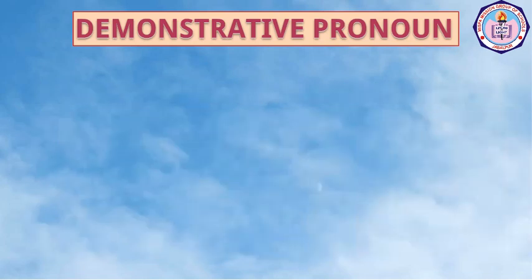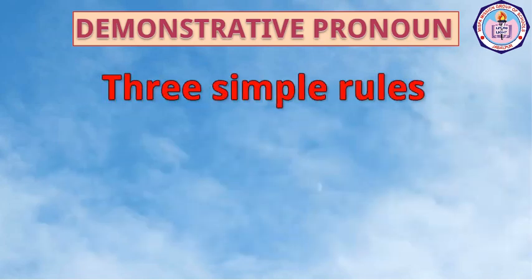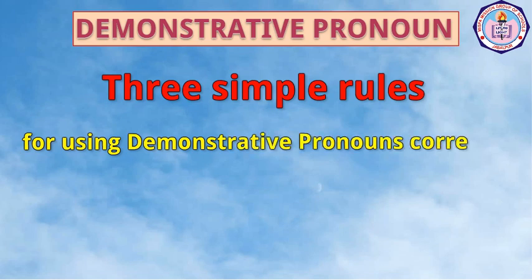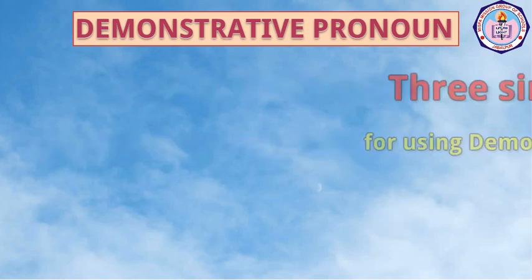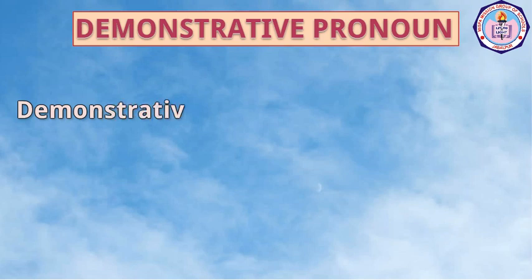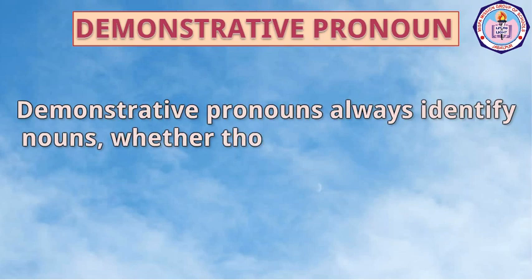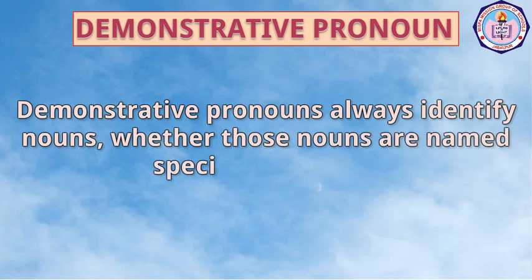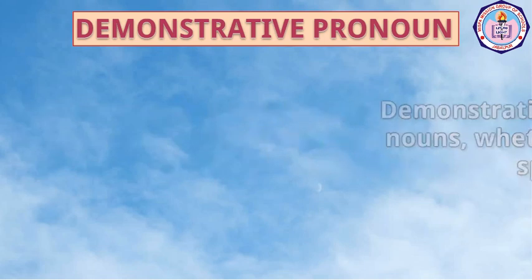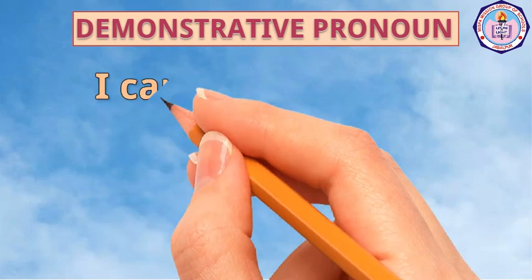There are just 3 simple rules that are to be remembered for using demonstrative pronouns correctly. 1. Demonstrative pronouns always identify nouns, whether those nouns are named specifically or not. For example, I can't believe this.